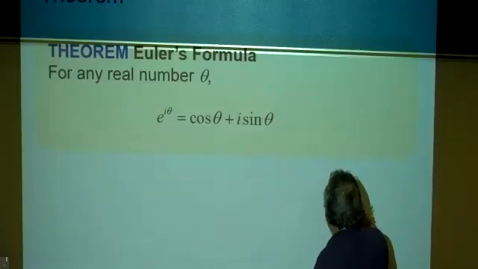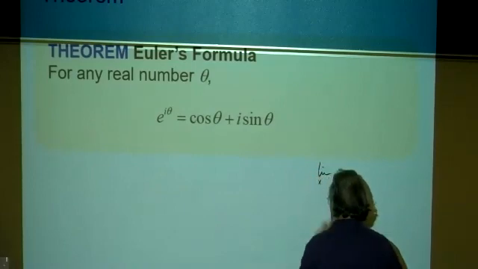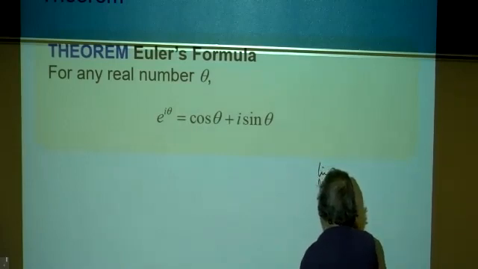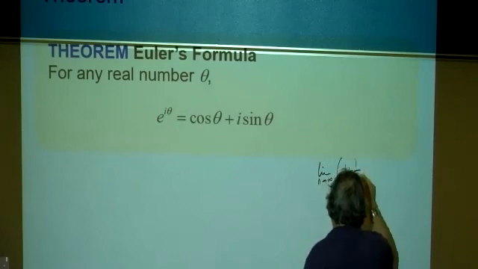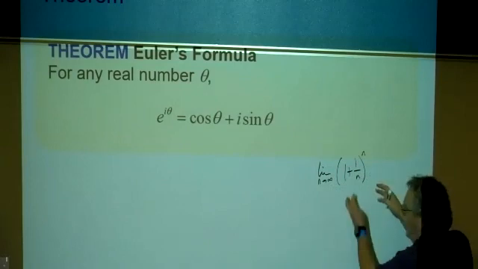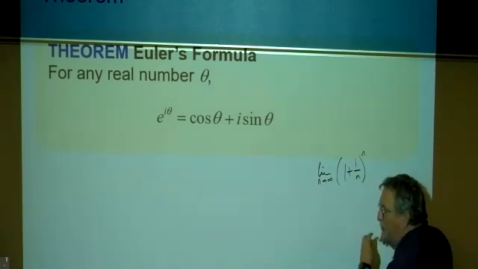No, e is described as the limit as n goes to infinity of 1 plus 1 over n raised to the nth power. So what happens to this number? Well, this number approaches a certain value.